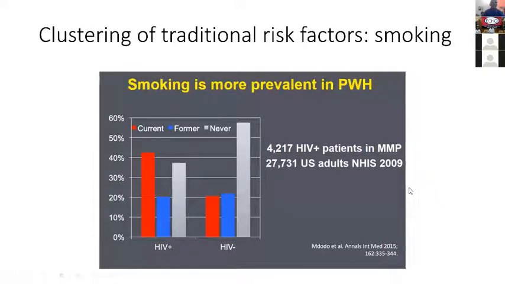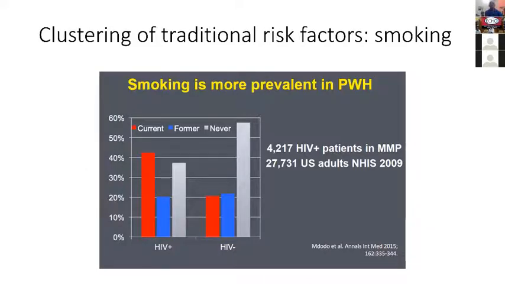And when we talk about HIV risk, in addition to all the issues that are specific to HIV, we also have to think about general traditional risk factors, so smoking. This is a study that was done in 2015 in the US, and what they found was that smoking is more prevalent in persons with HIV, almost double the rate in that cohort.